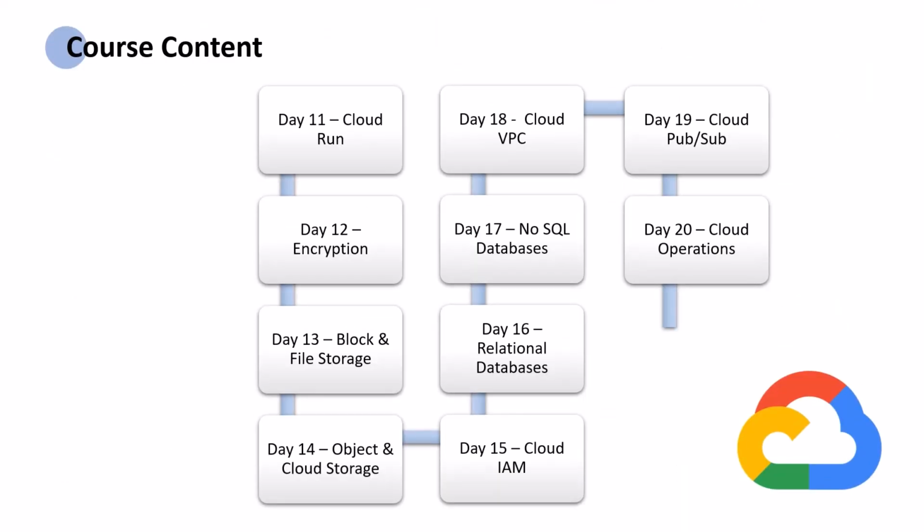And from day 11, we'll explore other Google Cloud services like Cloud Run, encryption with Cloud KMS, block and file storage, object storage, Cloud IAM, relational and NoSQL databases, Cloud VPC, Cloud Pub/Sub, and Google Cloud Operations.